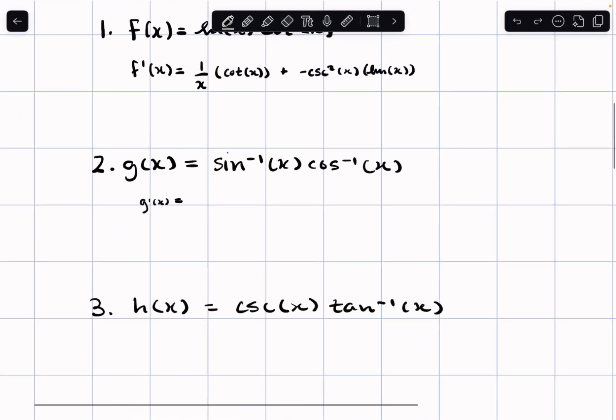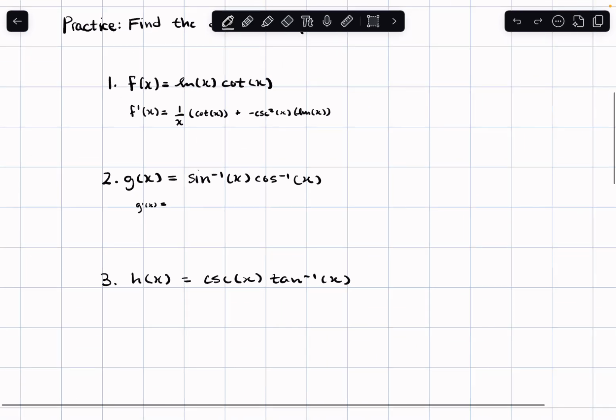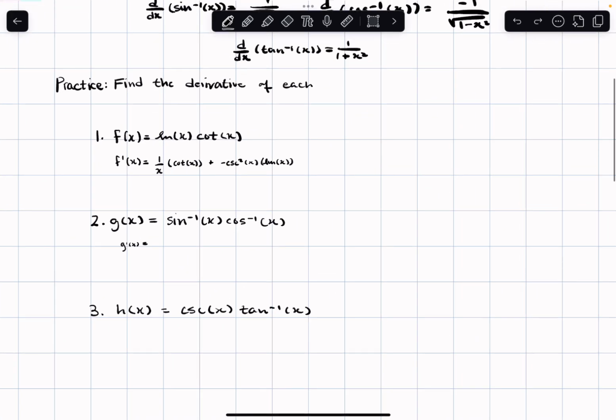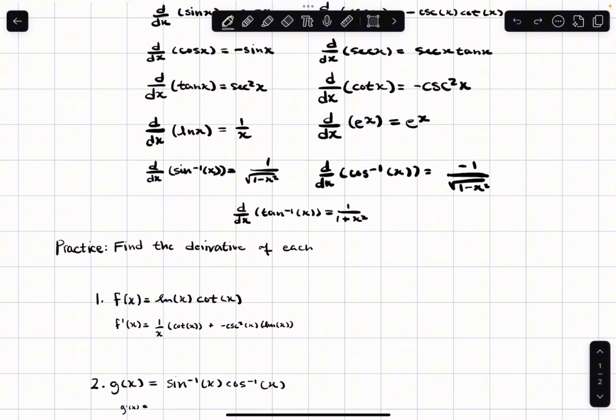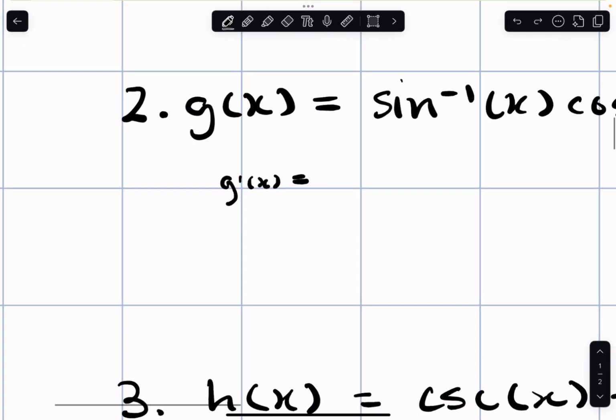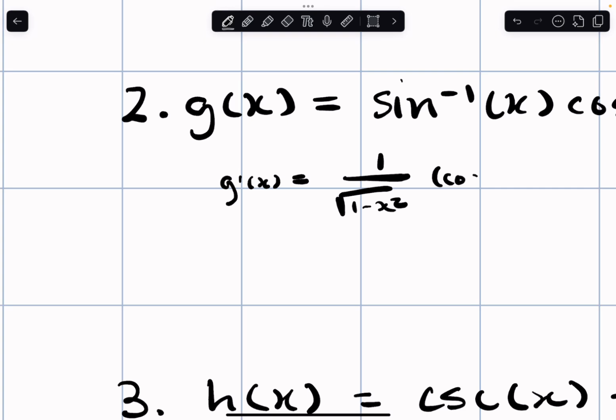All right, let's move on to number 2. g of x equals sine inverse of x times cosine inverse of x. We're trying to take the derivative, so we'll use the product rule. The derivative of sine inverse of x is 1 over the square root of 1 minus x squared, so we'll start with that. Then we multiply it by cosine inverse of x.